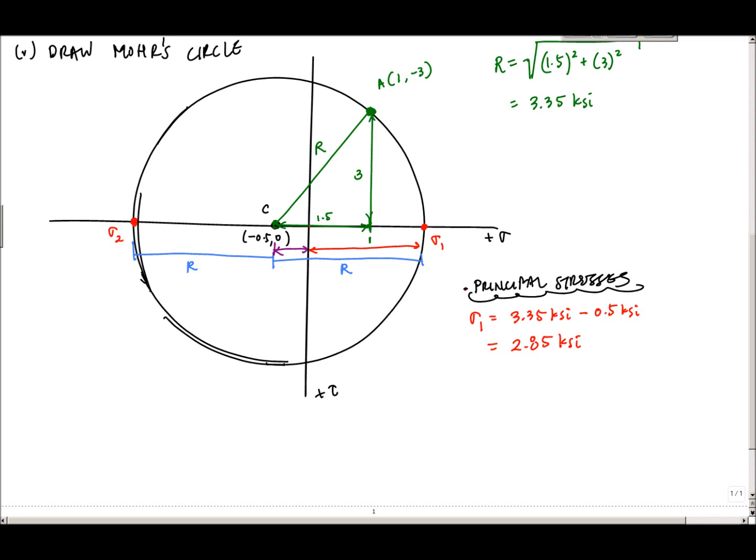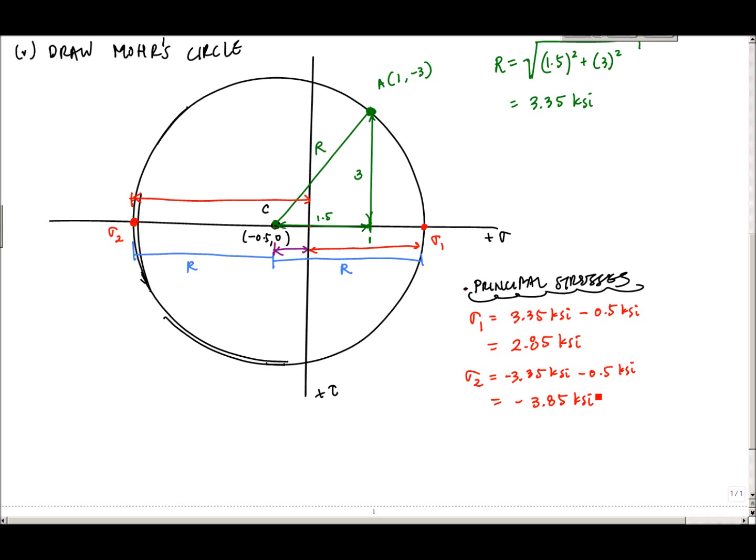Okay. And then sigma 2 is the coordinate over here, which is this distance right here. That red line to the left is sigma 2. And sigma 2 is 3.35 KSI, and it's negative because it's to the left of 0, so negative 3.35 plus negative 0.5, and this is minus 3.85 KSI.